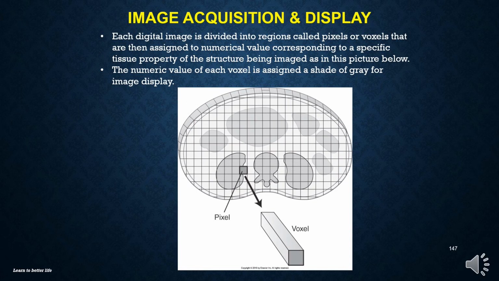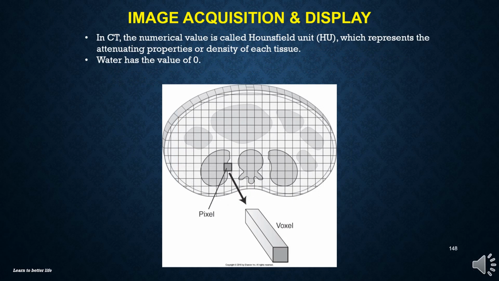Each digital image is divided into regions called pixels or voxels that are then assigned numerical values corresponding to a specific tissue property of the structure being imaged, as in this picture below. The numeric value of each voxel is assigned a shade of gray for image display. In CT, the numerical value is called the Hounsfield unit, HU, which represents the attenuating properties or density of each tissue.